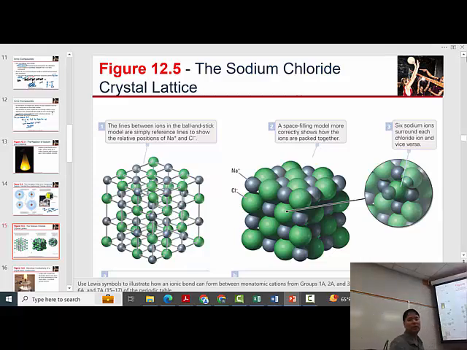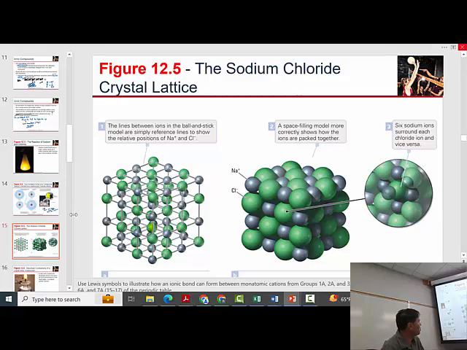So what we have here is different views of this. We don't represent the bonds with a line like this for ionic bonds. This line just shows the connectivity. So if I pick a chlorine that's stuck inside the lattice here, and I look at how many sodiums it's attached to, I can count 6 of them because of the lines.